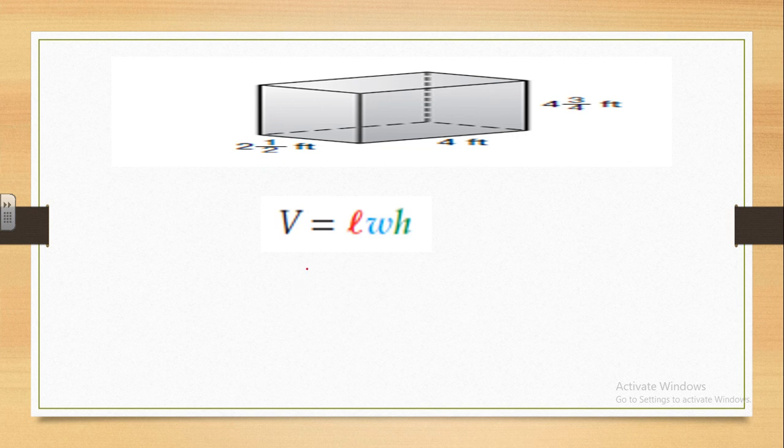Let's write the numbers. Well, Miss, we have here 2 and a half, 4, and 3 over 4. Well, we can change this mixed number to a decimal to make it easy on us to find the answer. Okay, we know that 2 and a half equals 2.5, and 4 and 3 over 4 equals 4.75.